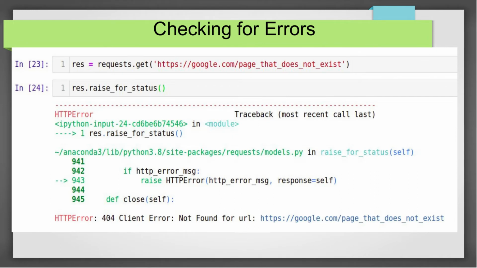As you've seen, the response object has a status_code attribute that can be checked against requests.codes.ok, a variable that has the integer value 200, to see whether the download succeeded. A simpler way to check for success is to call the raise_for_status method on the response object.